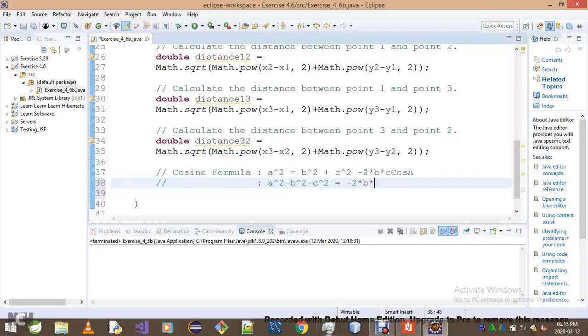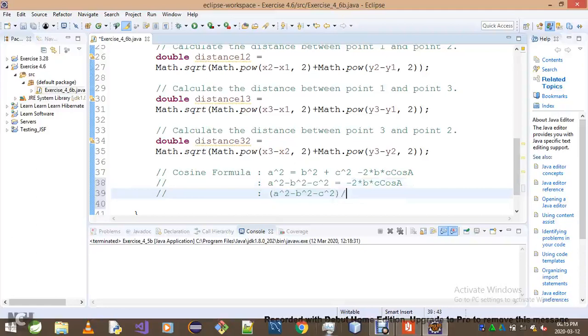Okay, it's b multiplied by c cos A. Okay, this is our first step. So our second step will simply be, I'm going to simply put this under the brackets.